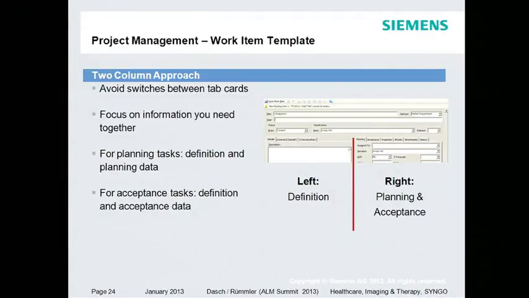Another thing we thought about is usability in the definition and visualization of these work items. And we decided on this two-column approach, which means we thought about what is description and what is planning, and this was added on the two sides.